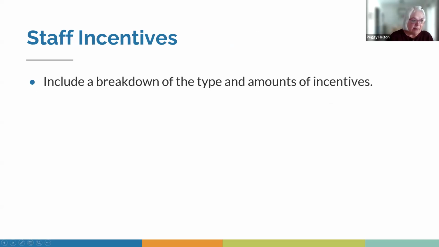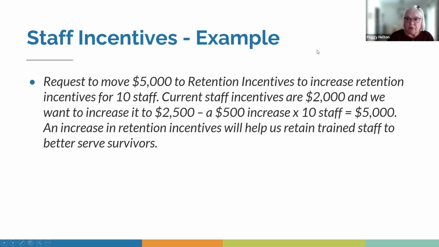So a little bit about staff incentives. We also need to include a breakdown of the type and the amount of incentives. A really good example would be if you're requesting to move $5,000 to retention incentives because you're increasing your retention incentives for 10 staff.